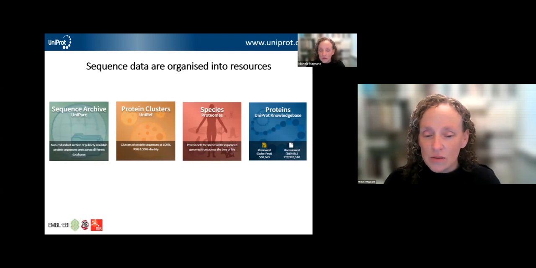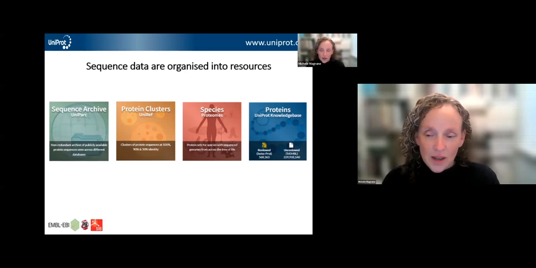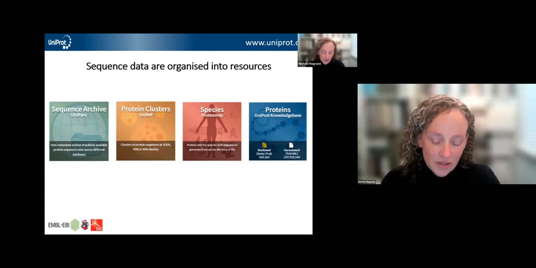These cluster protein sequences at different levels of identity. For proteins that are part of completely sequenced proteomes, there's access provided to them through the Proteomes portal. And the centerpiece of the activities of the consortium is production of the UniProt Knowledgebase, and that's what I will concentrate the rest of the talk on.